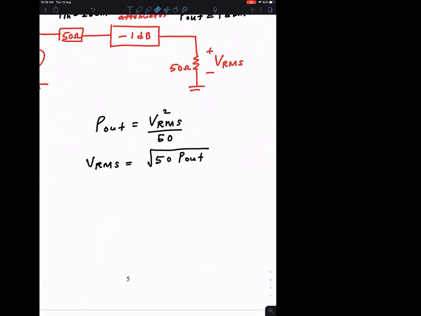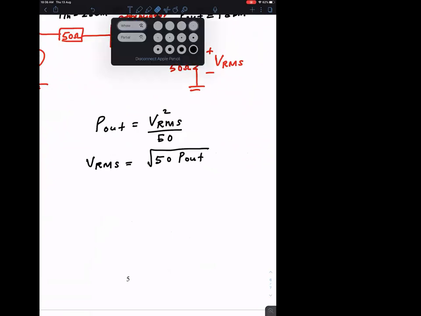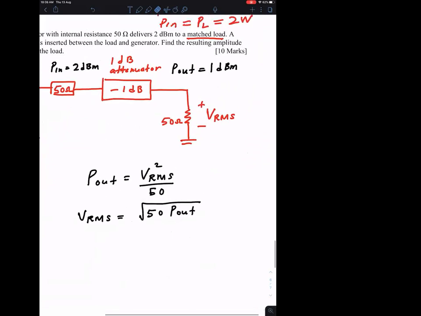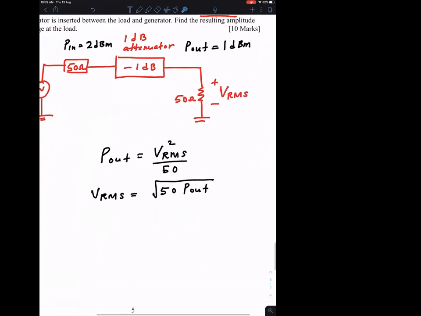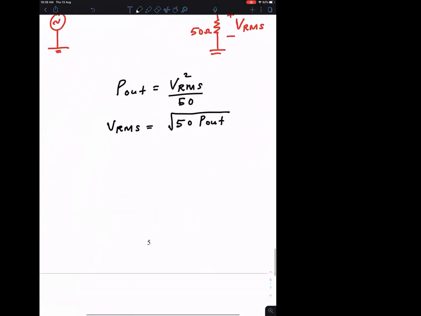Now you have to convert this to find your P out. You cannot put dBm in this equation. You have to convert that to watts. So how do you convert that 1 dBm? P out is equal to 1 dBm. Convert that to milliwatts.